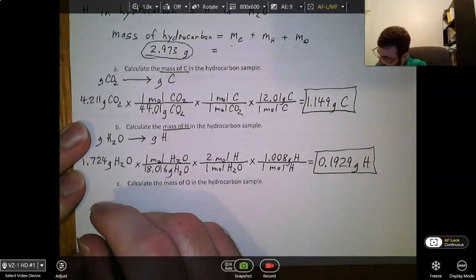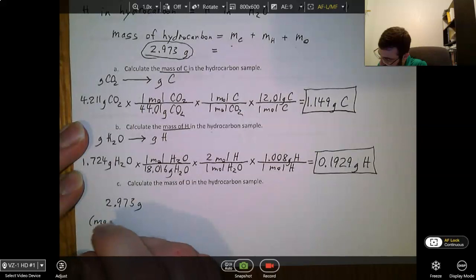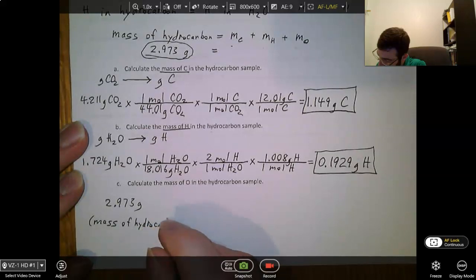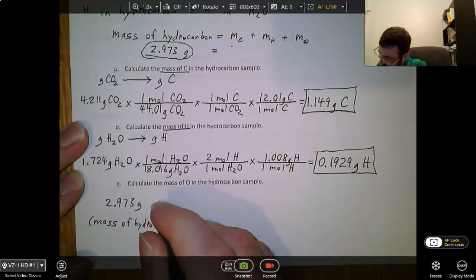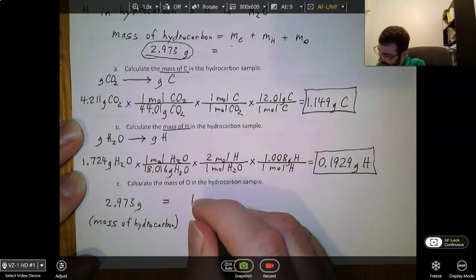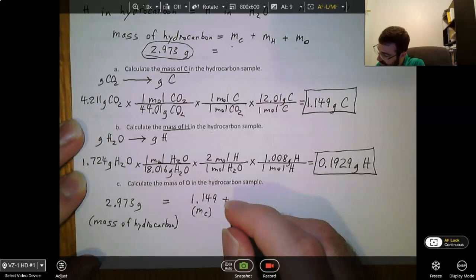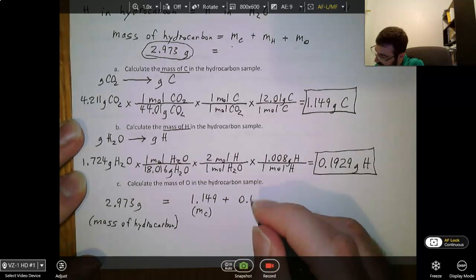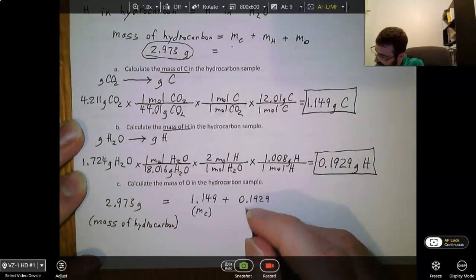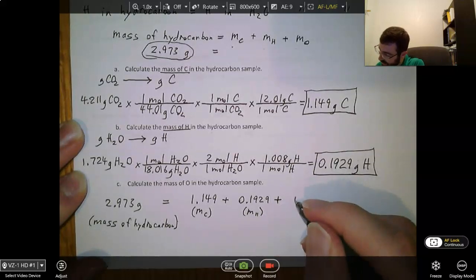So I have 2.973 grams, because that's the mass of the hydrocarbon, equals the mass of carbon plus the mass of hydrogen plus my unknown, which is the mass of oxygen.